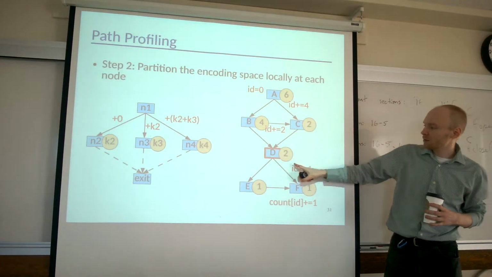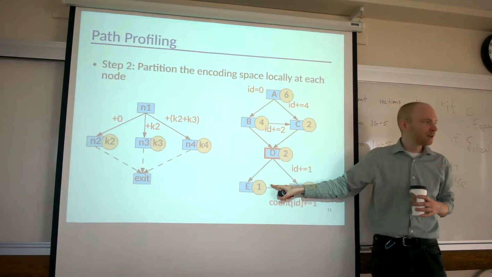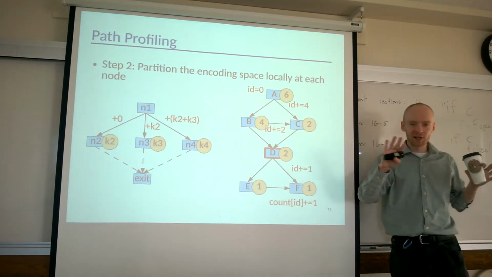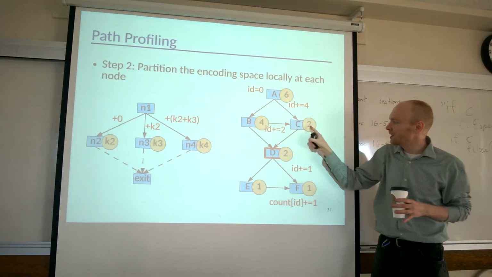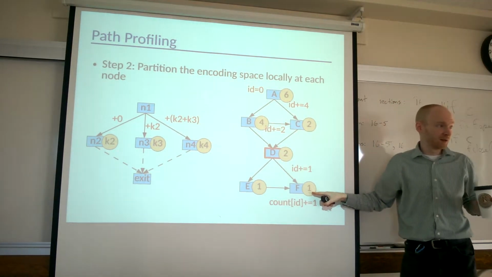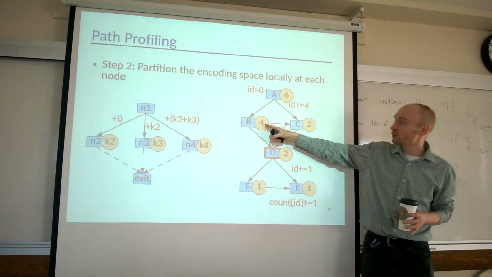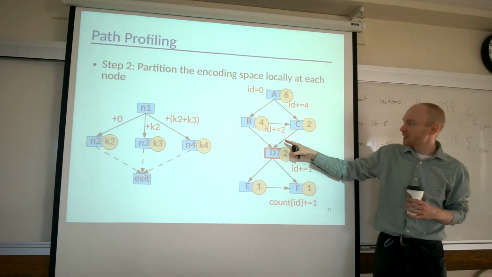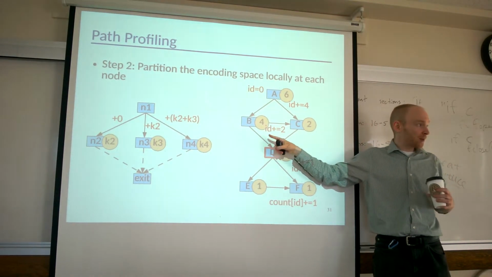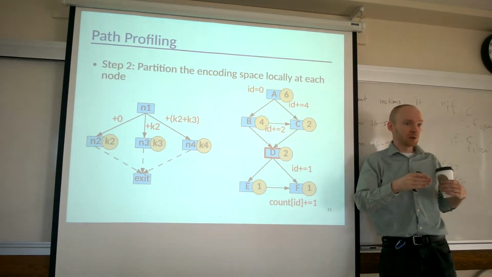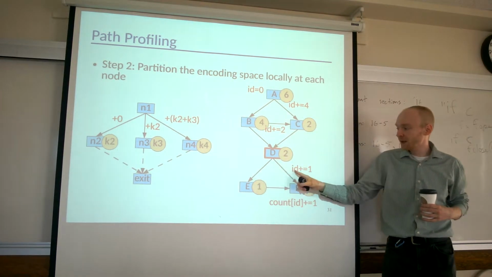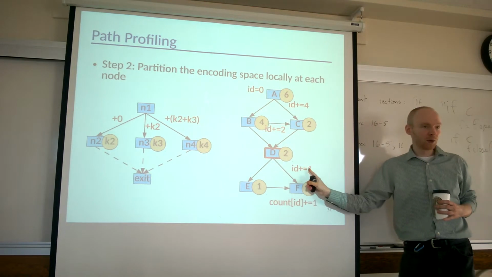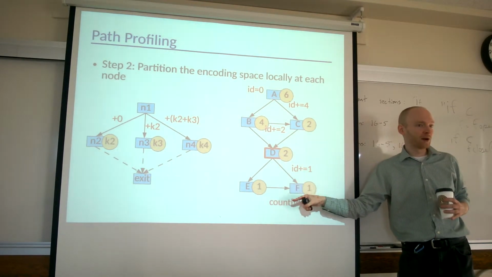Let's do one more. That'll make it clearer, I hope. We could then do A, B, C, D, F, and we get 3, right? So you can see all the possible 4 paths that take the route A, B, and how they're split up. And you'll see that this does this coarse-grained partitioning with the value 2, and then we subdivide the suffix of the paths, whether you take DEF or DF, with this at the end, by adding 1 or not.